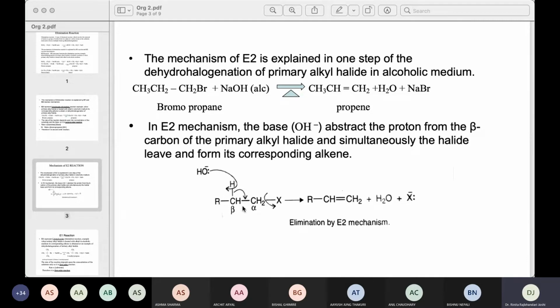So this is about the E2 mechanism. This E2 mechanism is very simple. You do not need to mention any transition step or intermediate step, and there is no difference in geometry to mention either. Right? So it is very simple compared to your SN2 mechanism.